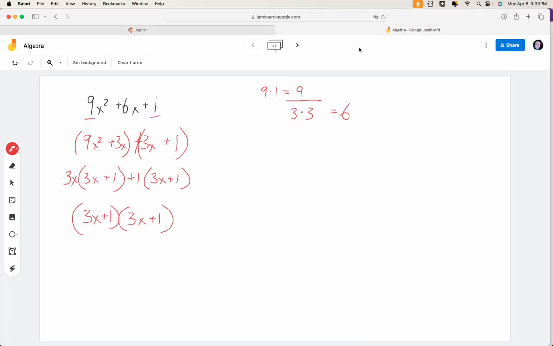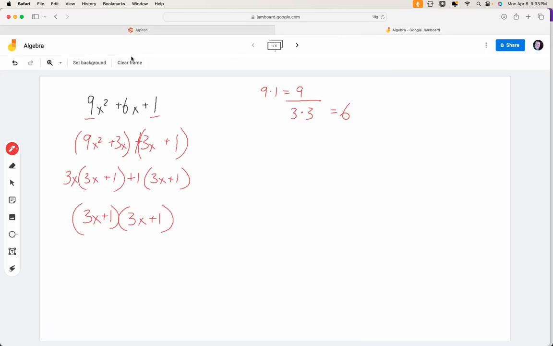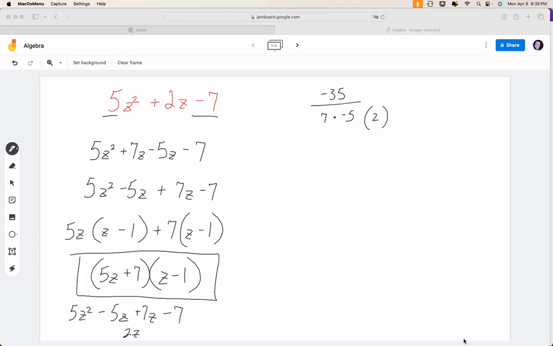Okay? Let's see, was there another one? All right, so here is 5z squared plus 2z minus 7.